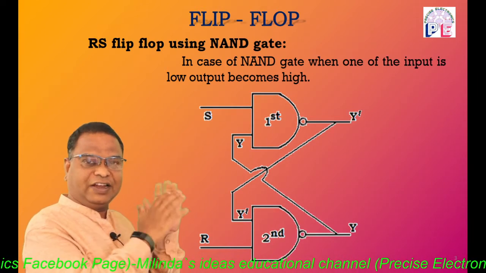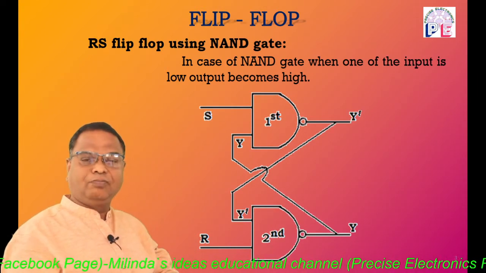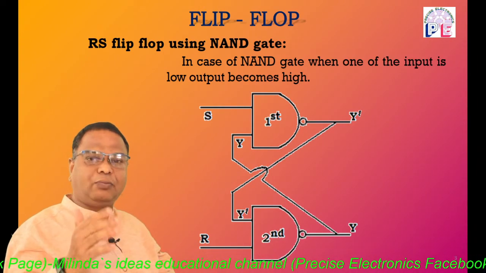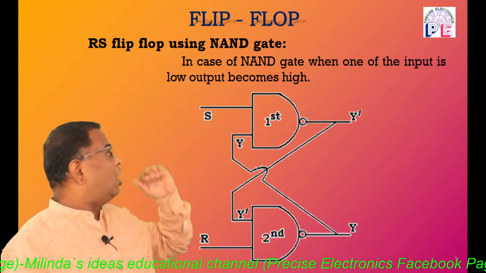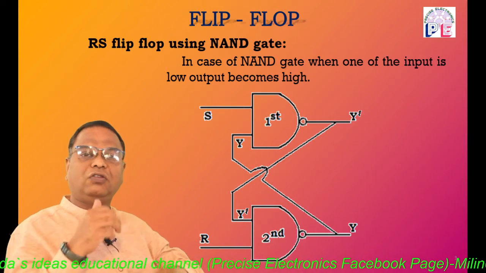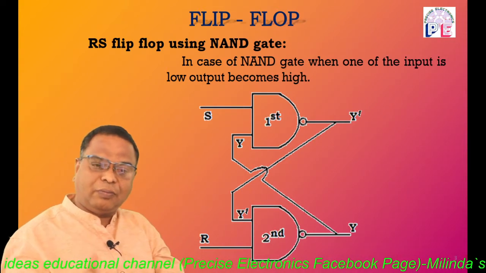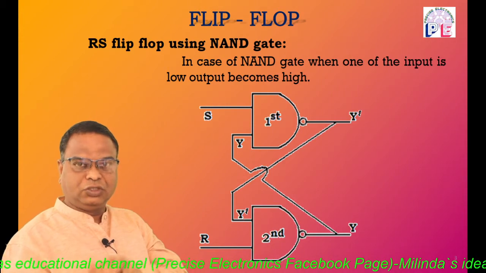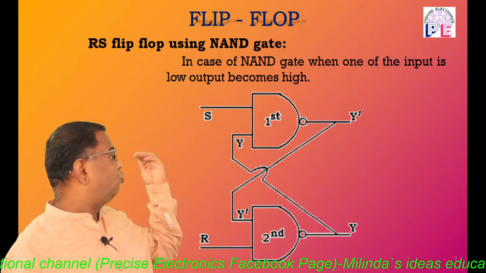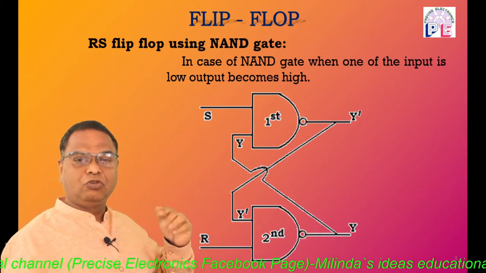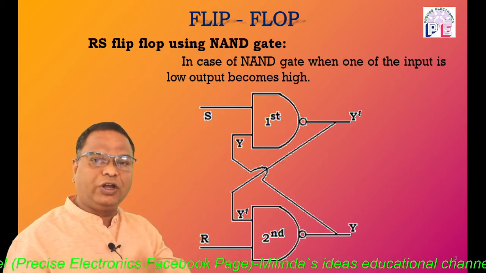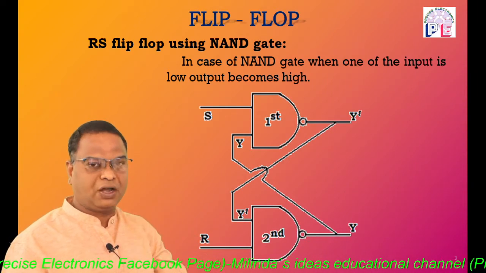From this diagram, it is clear that in case of the 2-bit NAND gate, one input is our trigger input, that is a set input or reset input, while the output of each NAND gate is connected as the second input of the next NAND gate. For example, in case of the first NAND gate, the inputs are the set input and the output of the lower NAND gate, that is Y. So the inputs for the first NAND gate are S and Y, whose output is Y complement or Y bar.